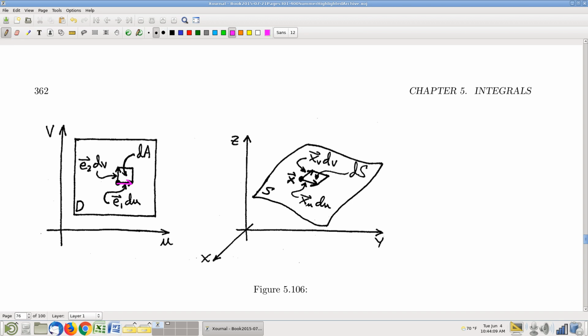We talked about the image of E1 du being that vector. We talked about the image of E2 dv being that vector, and we computed correspondingly what this area is. That area, of course, we call ds scalar. We computed the stretching factor. Remember, the stretching factor was the magnitude of XU cross XV. I hope you all remember that formula. It's a good one.